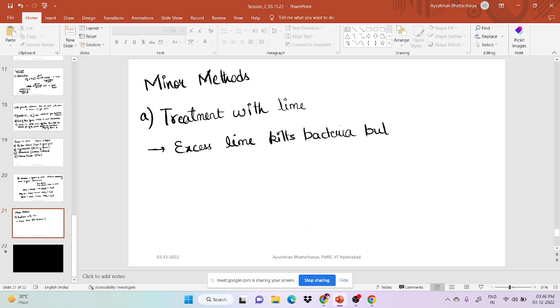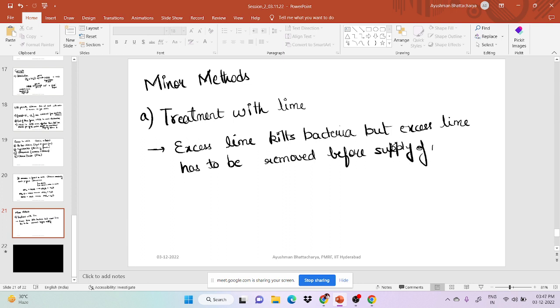But excess lime has to be removed before supply of water, and for this recarbonation is done.